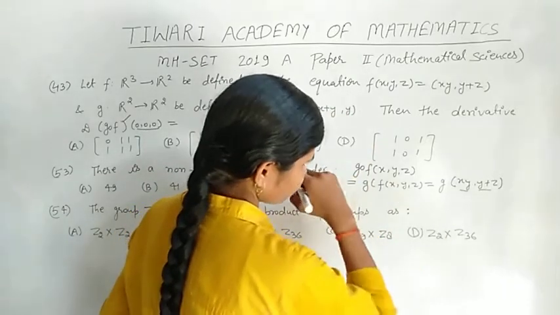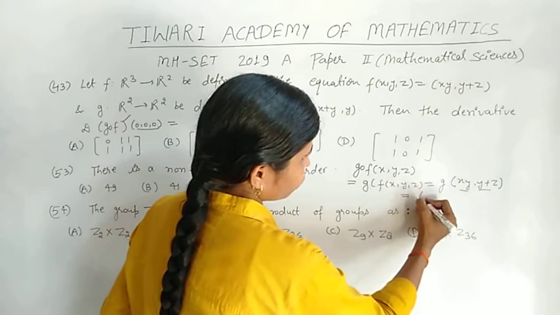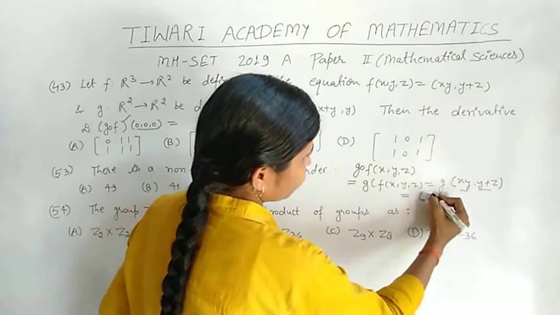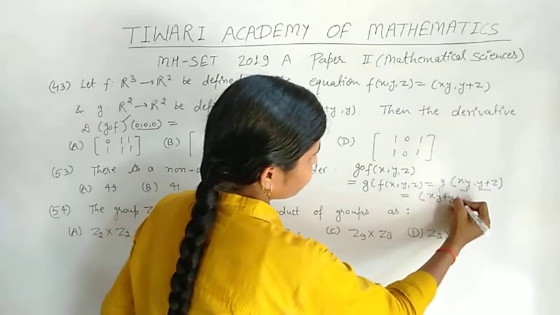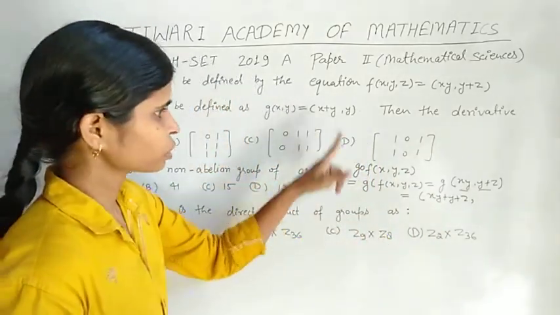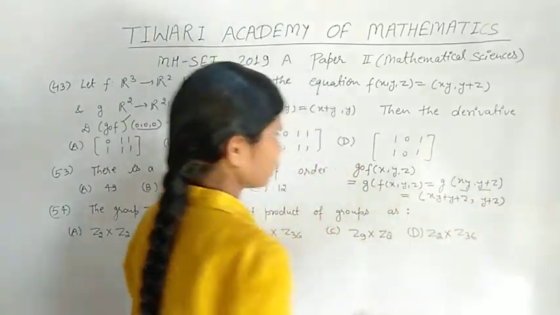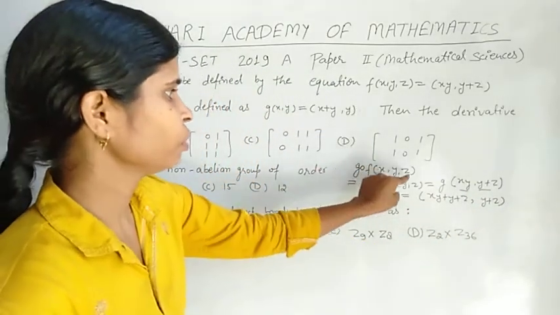This equals (xy plus y plus z, y plus z). This is our g circle f of (x,y,z).